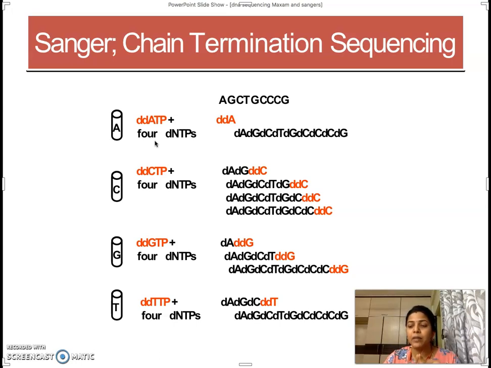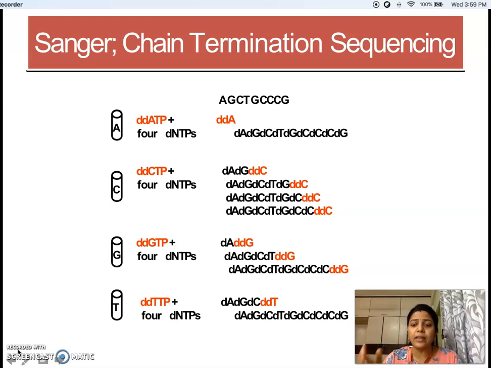If you are adding a double-stranded DNA, then the first step would be the denaturation of your DNA, and then, instead of adding 2 primers as in a normal PCR, a forward primer and a reverse primer, in this case you will require only the forward primer. So only one of the templates will get sequenced, or amplified. Both the strands will not get amplified.